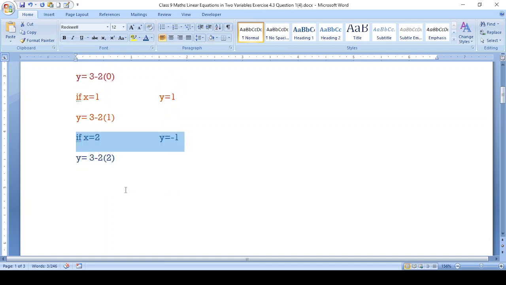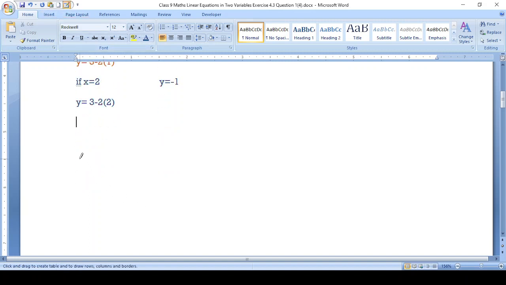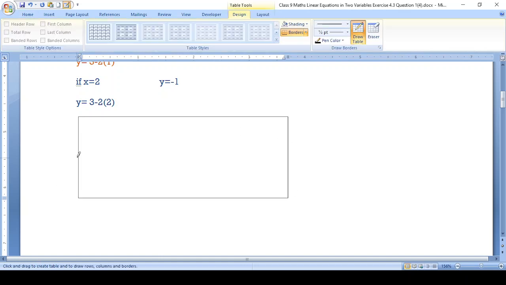To get a better visual of this answer, we can put them in a table. Let me draw a table first.